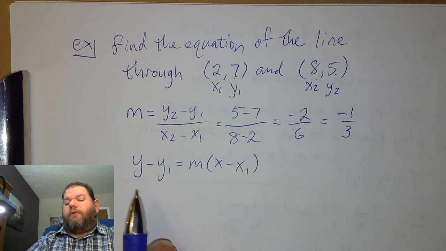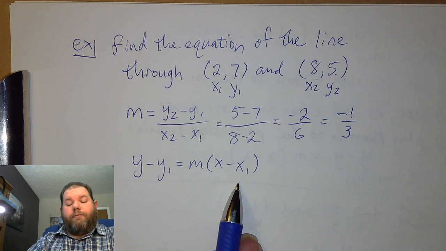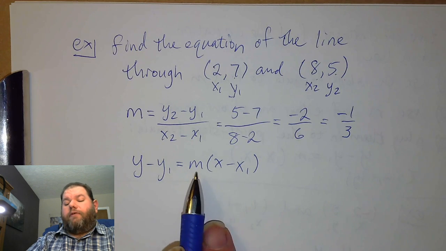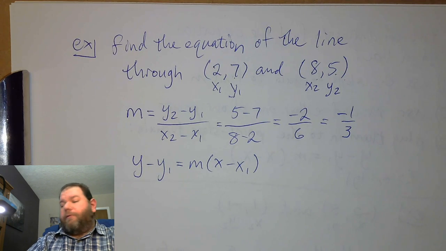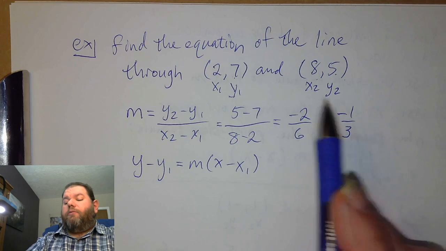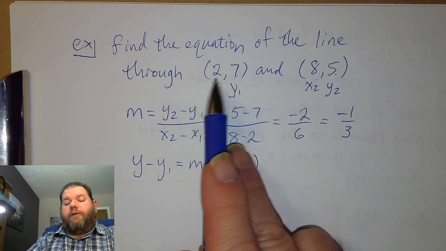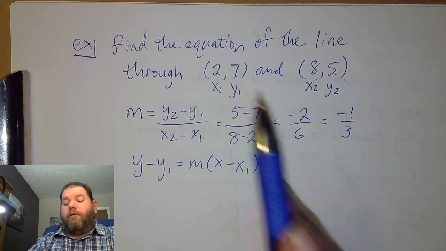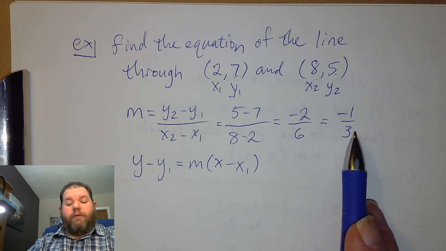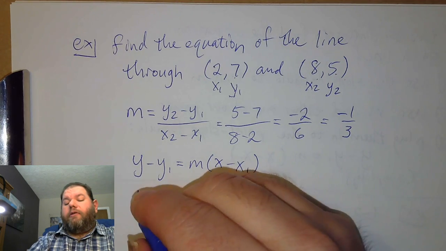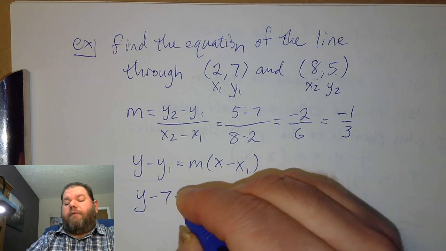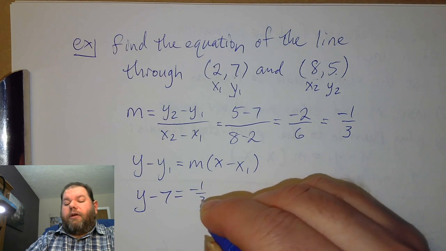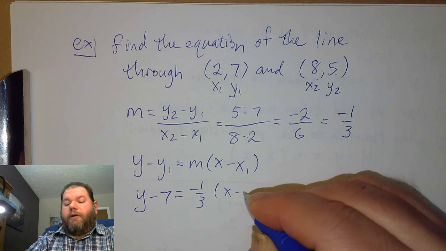Next thing is we use our point slope formula, which involves the point x1, y1 and the slope m. We'll go ahead and use this x1 and y1, 2 and 7, and our slope m is negative 1/3. So it's y minus 7 equals negative 1/3 times x minus 2.